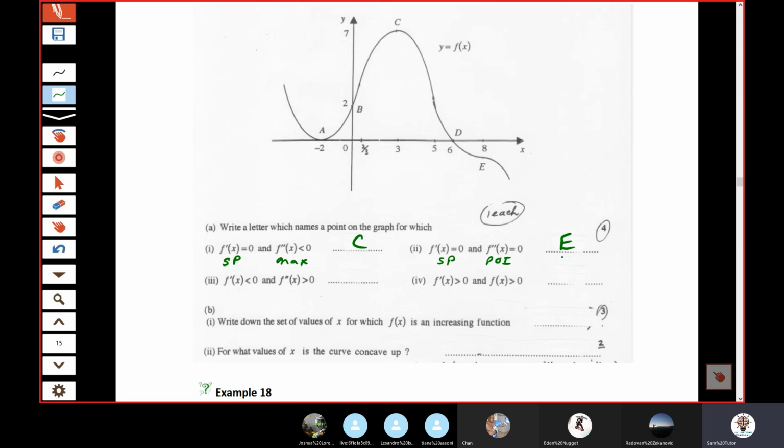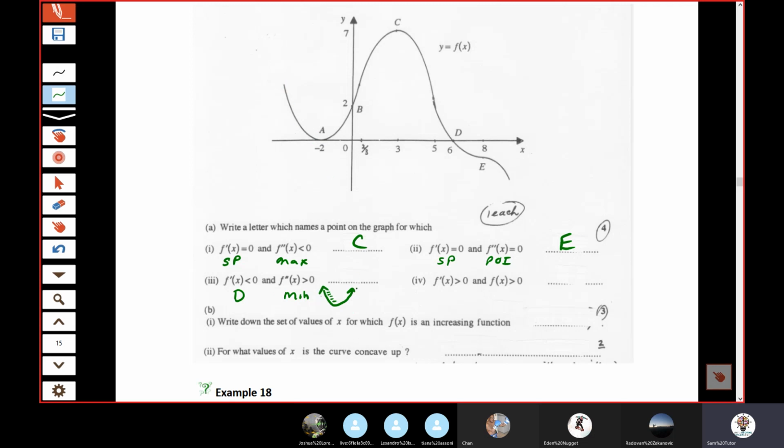Seriously, that's amazing. Y dash less than 0, that is decreasing, and this one is a minimum. So look at my minimum, that's my minimum. I want this bit here, decreasing. So I'm going to use this one here.